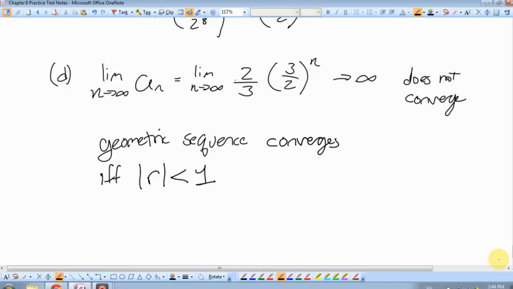If the ratio is negative 1/2, you're also going to get a converging sequence. Okay, any questions on that?